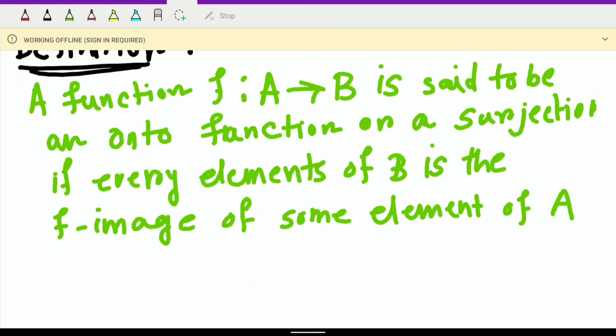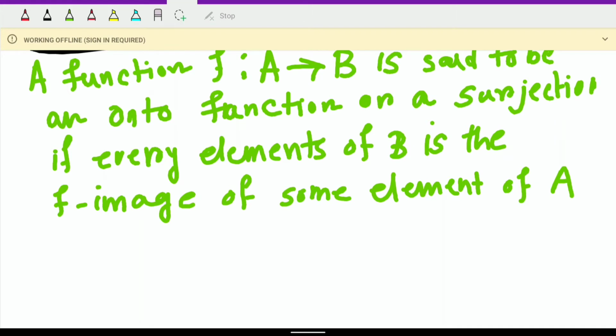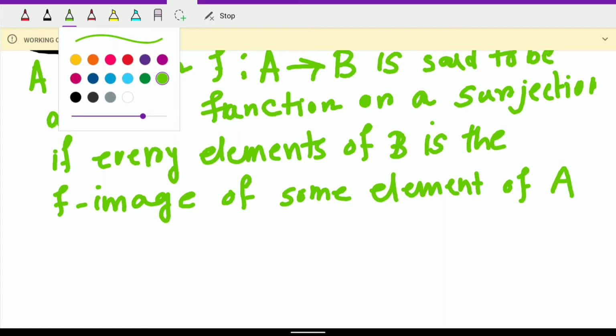You know that A and B are sets of elements, and if every element of B, that means the elements which are included in B, is the f image, that is, the image of some element of A.